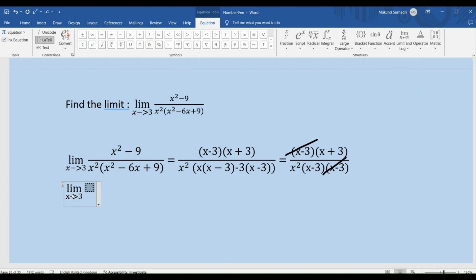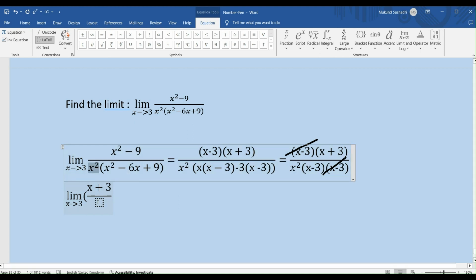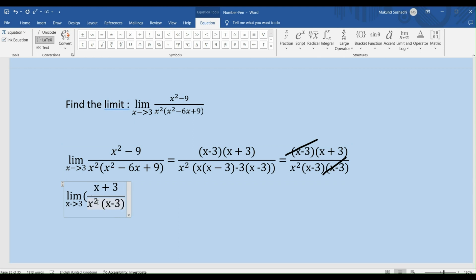Extending to 3, and we've got x plus 3 divided by x square into x minus 3.